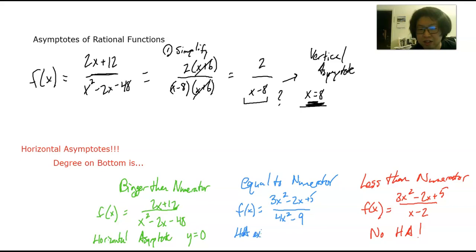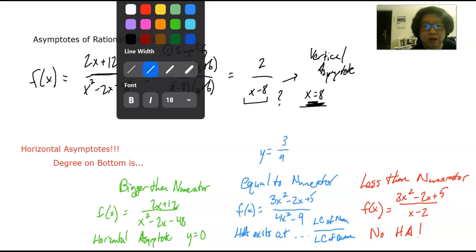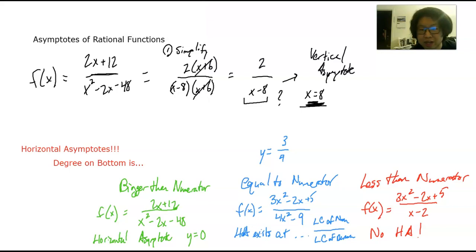The horizontal asymptote exists at, this is the part where it gets tricky, the leading coefficient of the numerator over the leading coefficient of the denominator. So in this example here, my horizontal asymptote will be at the line y equals 3 over 4. That is because I'm taking a look at my leading coefficients, the coefficients attached to the highest degree term in my numerator and denominator, and that's how I got 3 over 4.